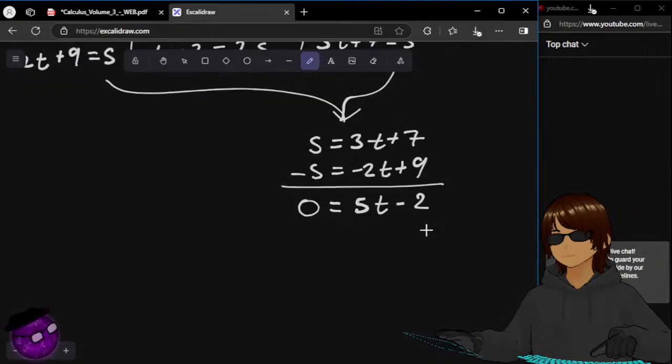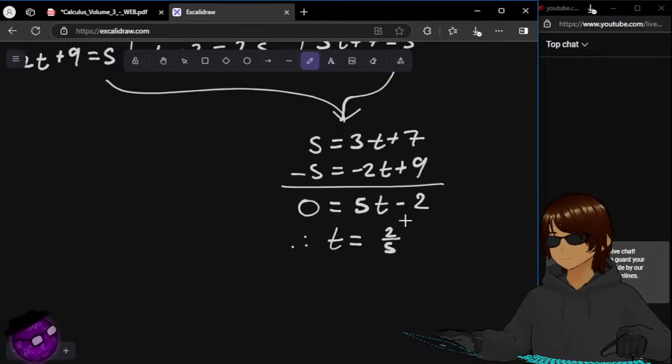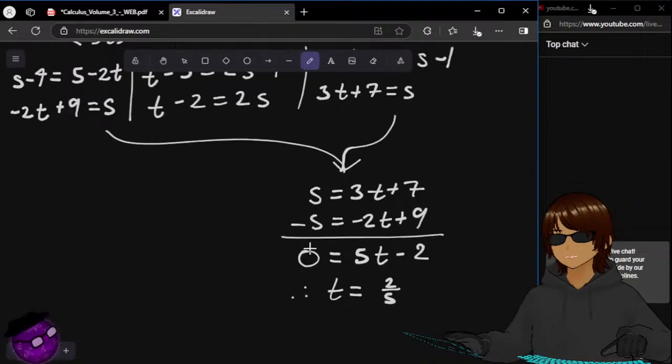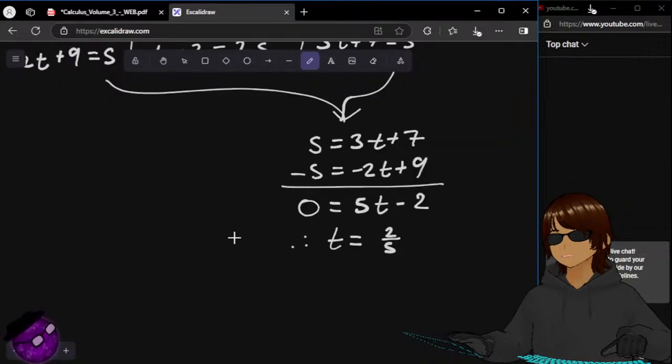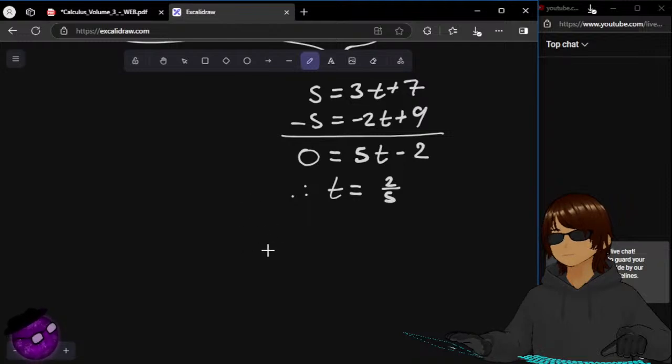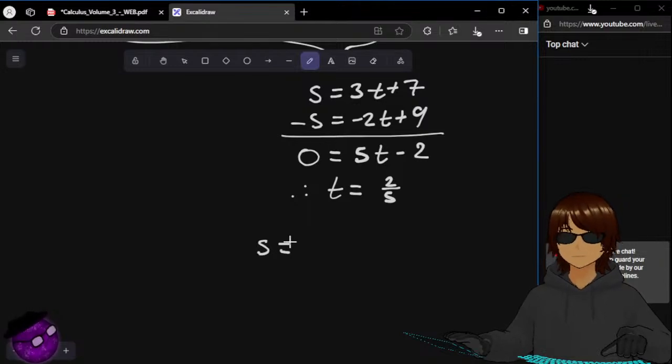Is that correct? T is equal to 2 over 5, which is 0.4. And then s is equal to, if t is 0.4, then 3 times 0.4 plus 7 is 8.2.